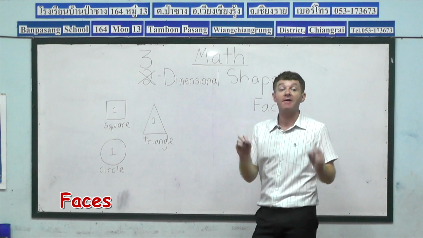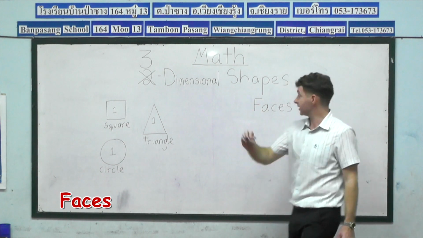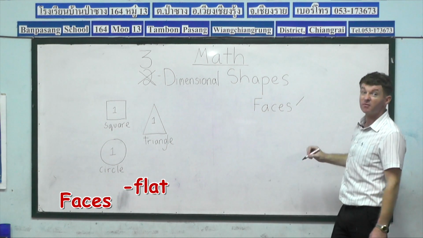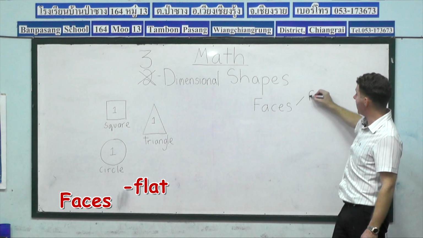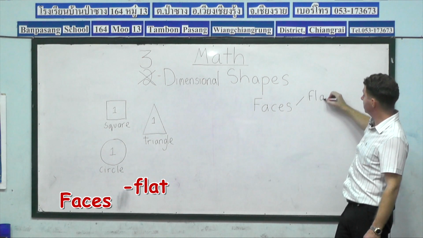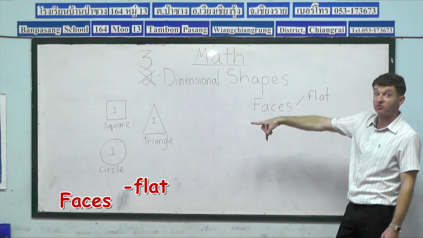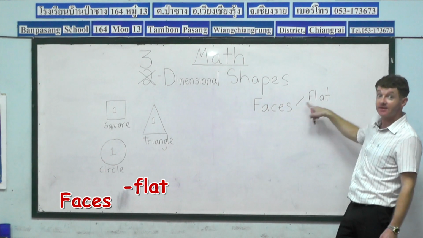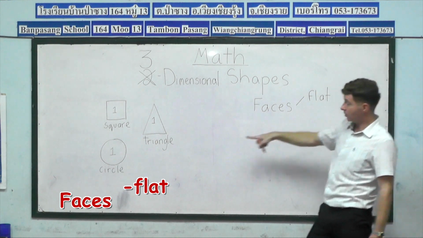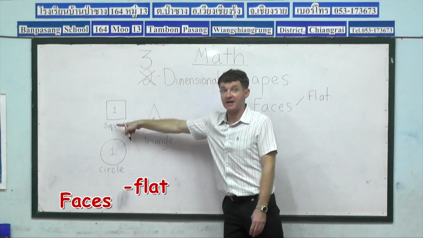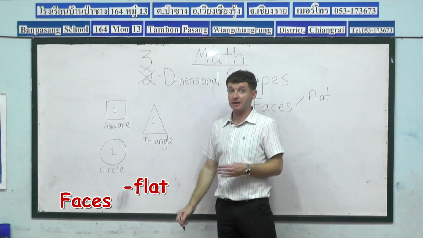3-dimensional shapes have 2 types of faces. They can either have flat faces, F-L-A-T. All of the 2D shapes have flat faces. All of these faces are flat because there's only 2 dimensions.